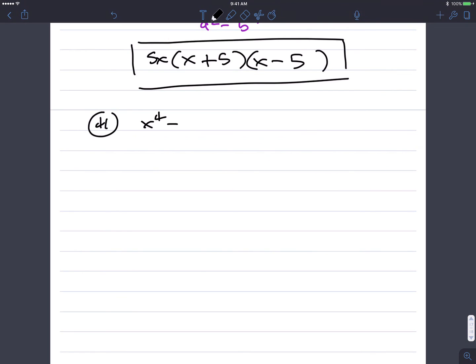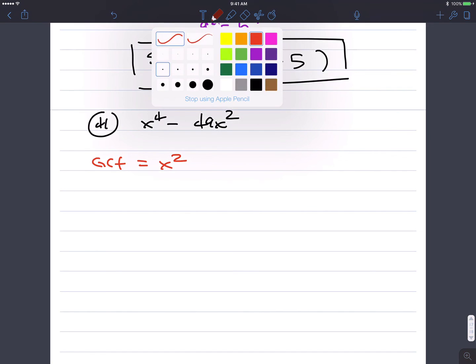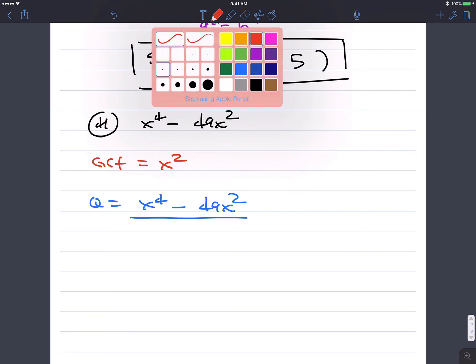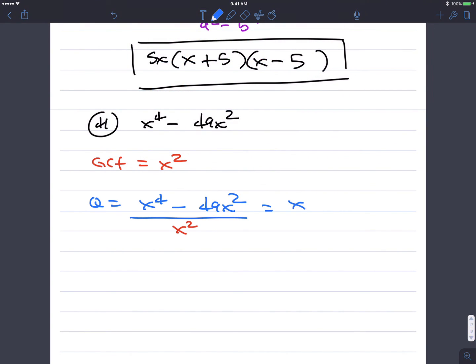x to the 4th minus 49x squared. Greatest common factor. What is that? x squared. Good job. Let's find the quotient. x to the 4th minus 49x squared, divided by x squared. Let's see what we get. x to the 4th over x squared minus 49x squared over x squared. x squared minus 49.